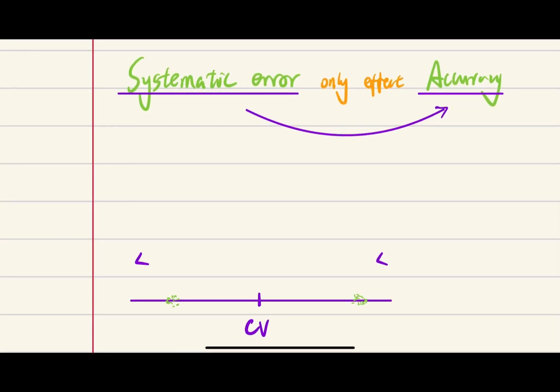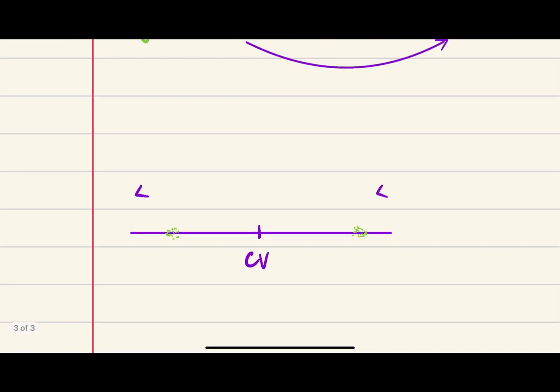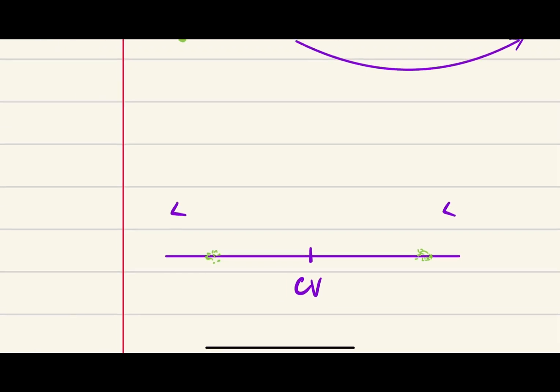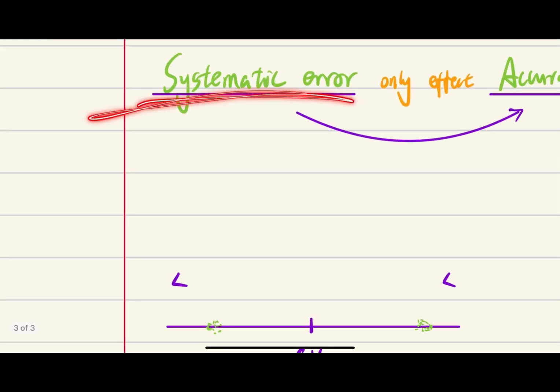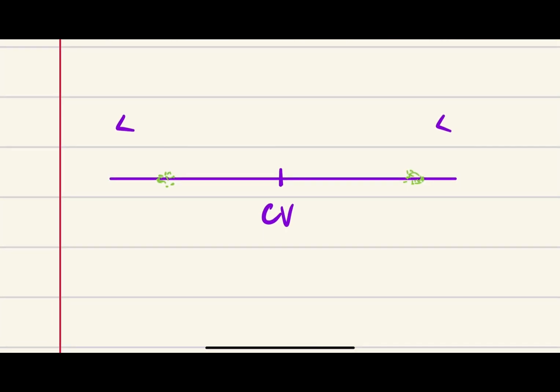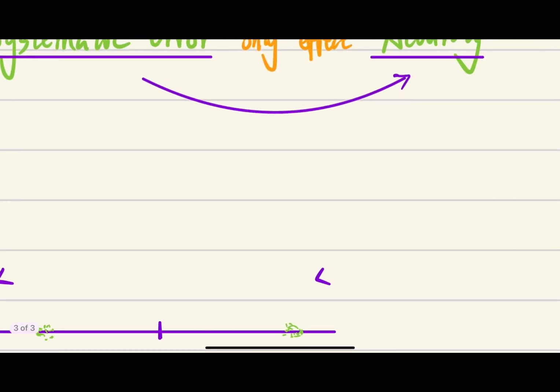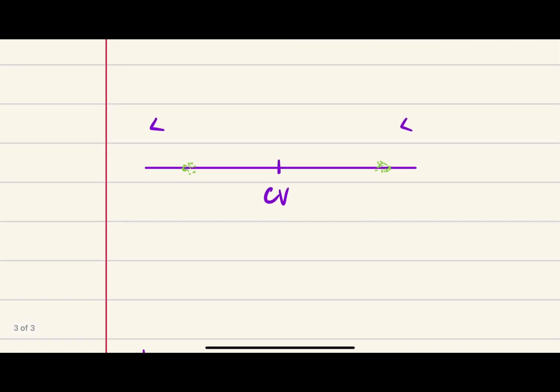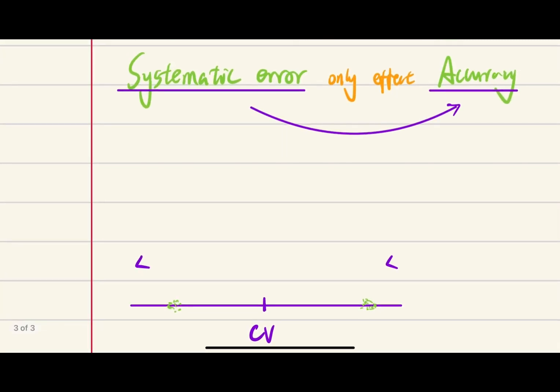And that's why it affects your accuracy, because accuracy means how close the value that you are getting is to the correct value. If the systematic error causes me to move higher or lower away from this value, it's going to affect my accuracy. That's the idea that systematic error only affects accuracy.